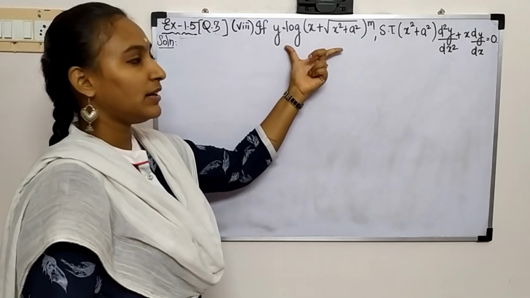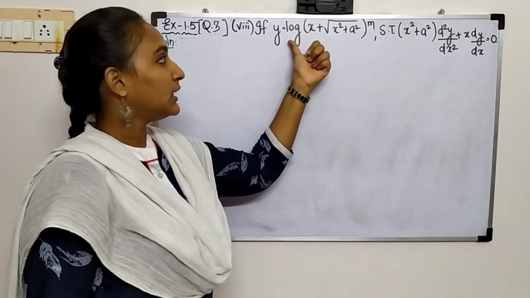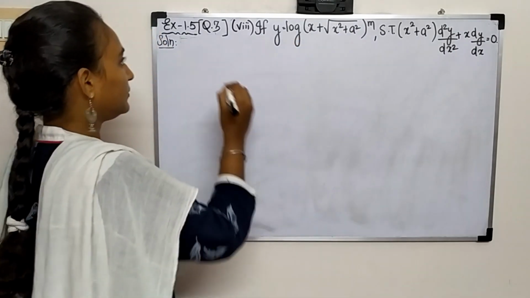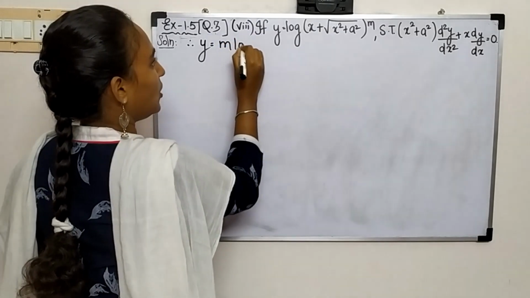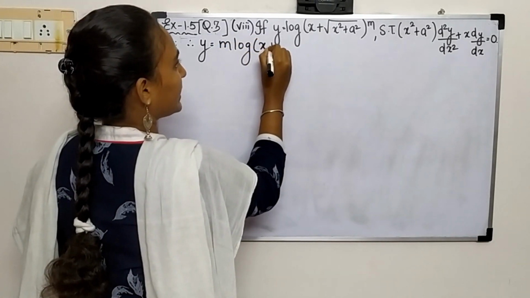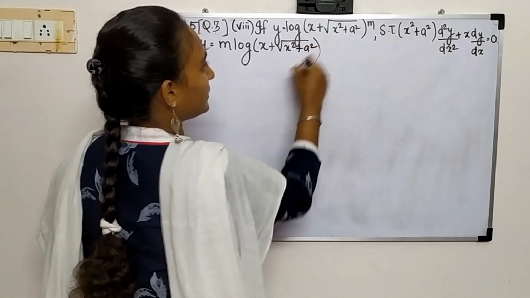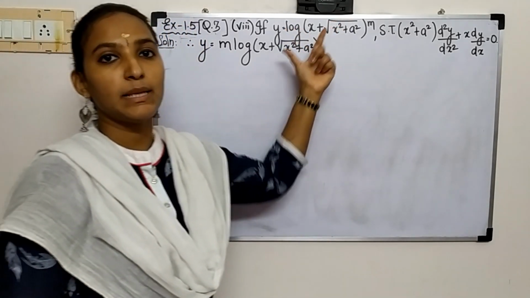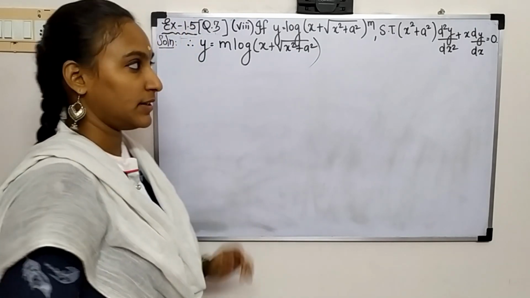This is a log function, so this power m can be taken in multiplication. Therefore, y equal to m log of x plus root of x square plus a square. Only this simplification you have to start with. Then start differentiating.